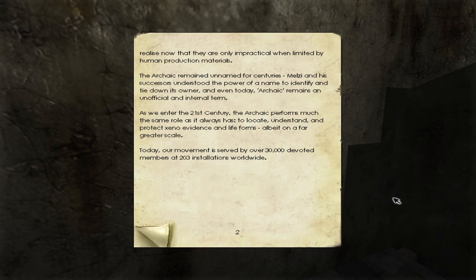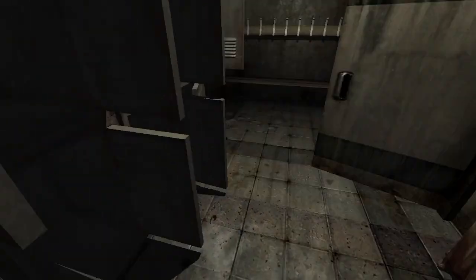Melzi and his successors understood the power of a name to identify and tie down its owner, and even today, Archaic remains an unofficial and internal term. As we enter the 21st century, the Archaic performs much the same role as it always has, to locate, understand, and protect Xeno evidence in all life forms, albeit on a far greater scale. Today, our movement is served by over 30,000 devoted employees at 203 installations worldwide.